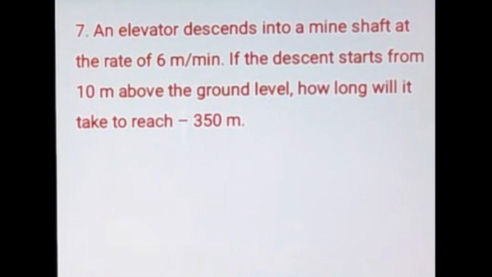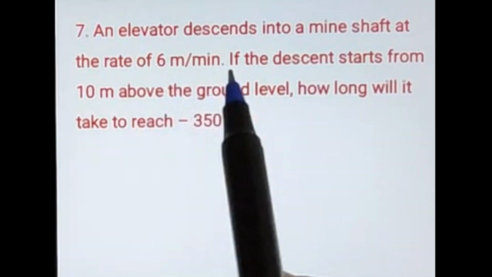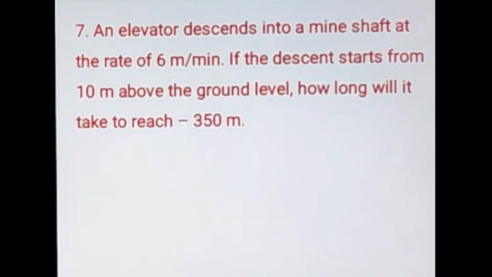Descends means to go down. Elevator, you know what an elevator is, right? In the mall you have seen it going up and down. So the elevator is moving down into a mine shaft at the rate of 6 meter per minute. And remember, at the rate of 6 meter per minute it is moving.